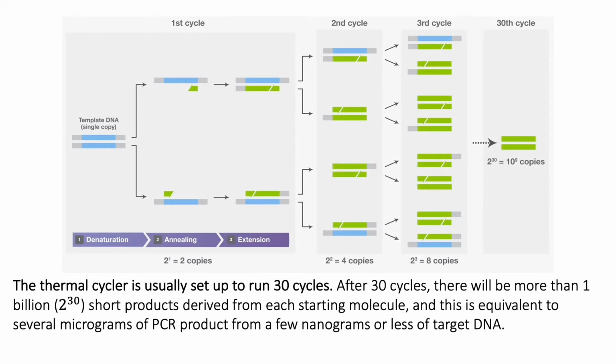Okay, so as you can see here in the slide, our thermal cycler is usually set to run for 30 cycles. Okay? But in my example, I think I gave you guys 35 cycles. Tama po ba? Yes po. So here, after 30 cycles, according to our reference textbook, there will be more than 1 billion short products derived from each starting molecule.